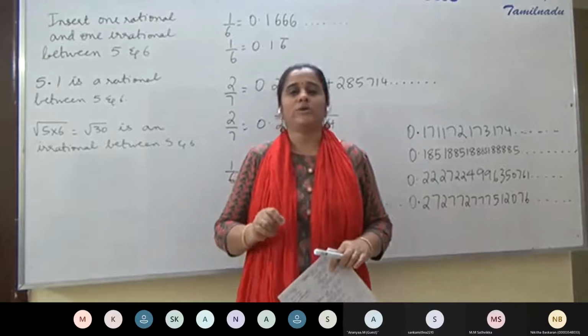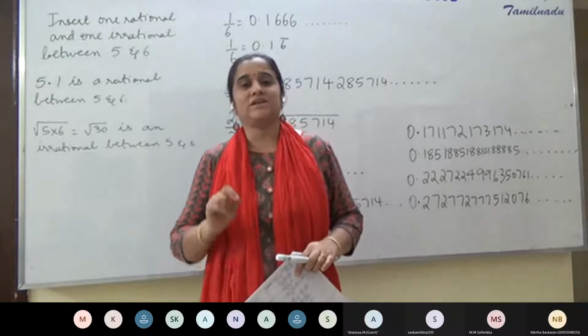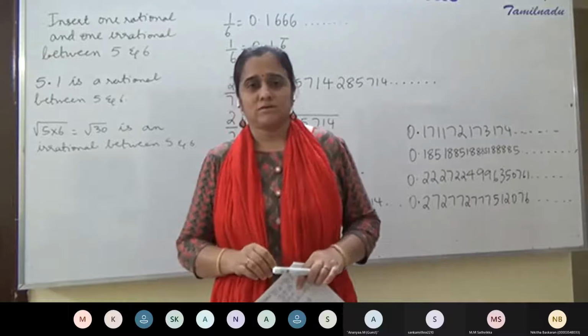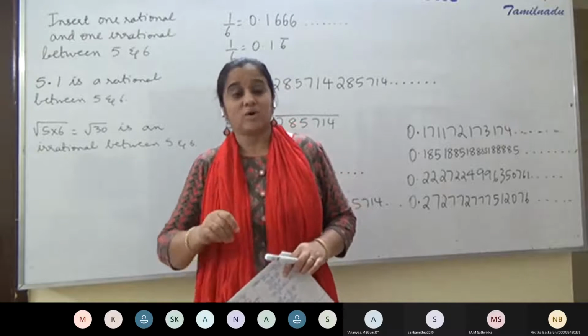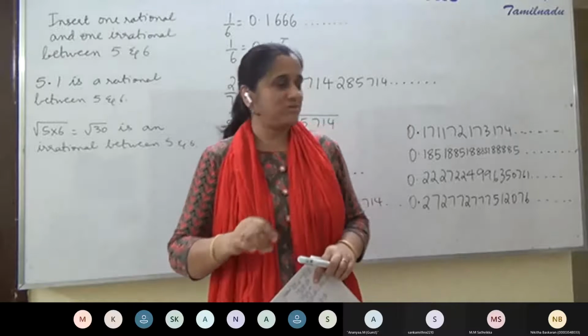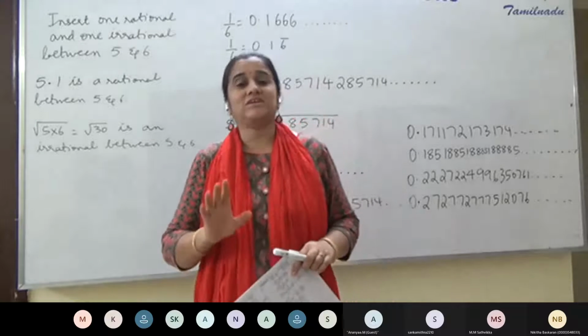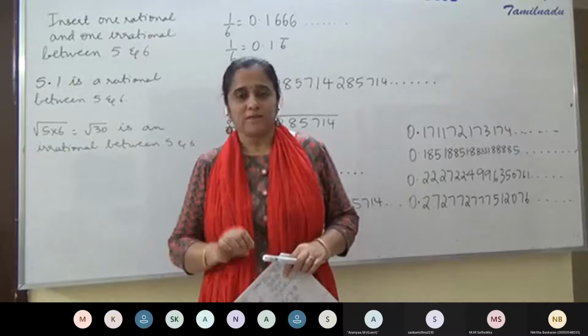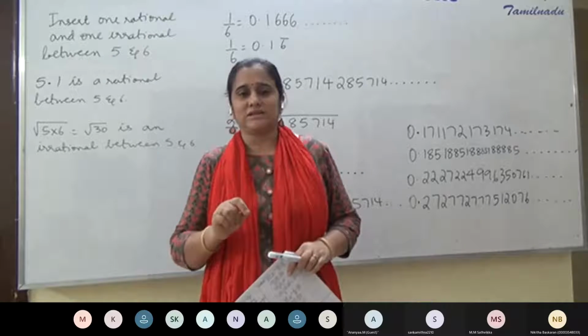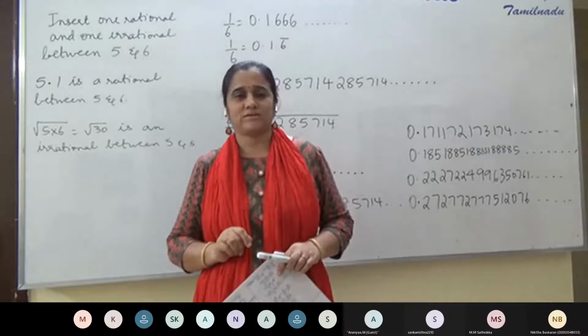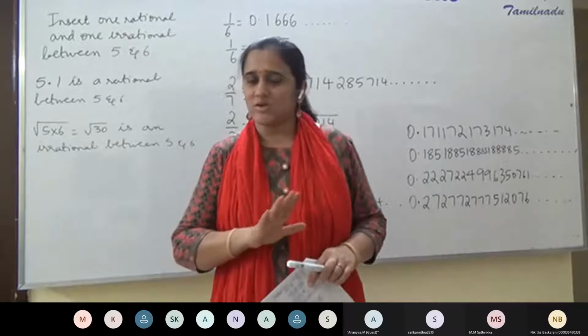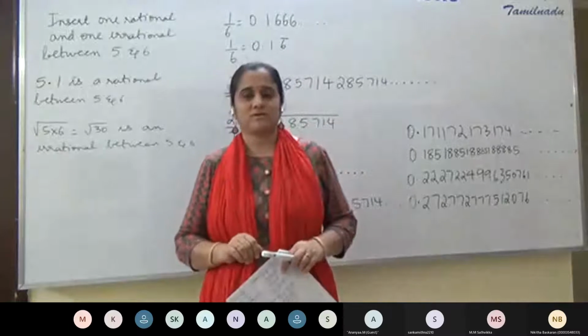Now, how do we know that square root of 30 is an irrational number? Somebody is disturbing me, sorry. So, square root of 30 is irrational. How do we know? Because 30 is not a perfect square.